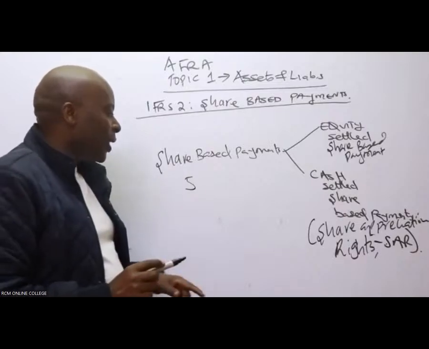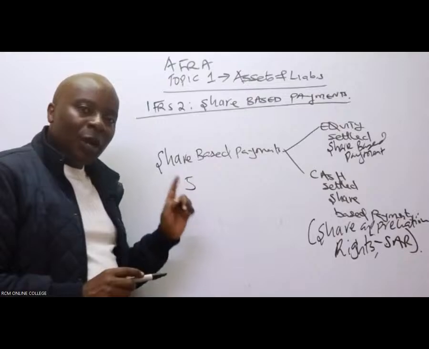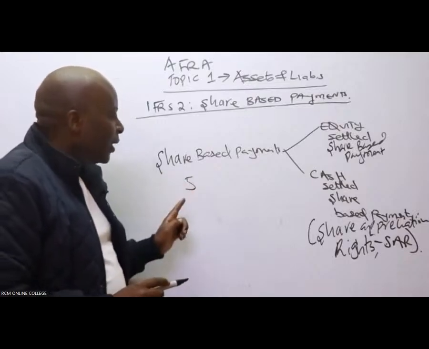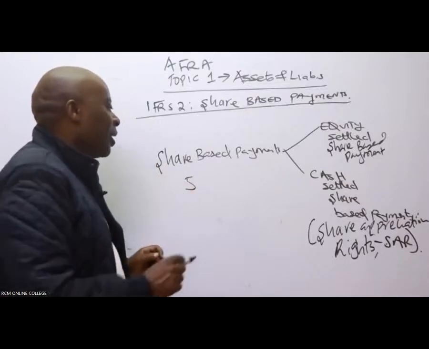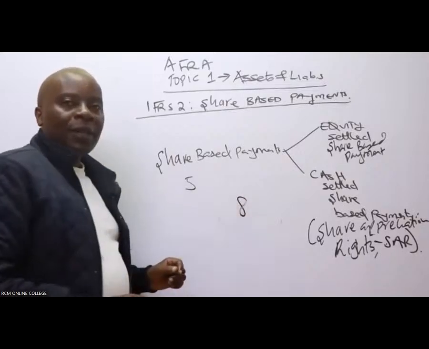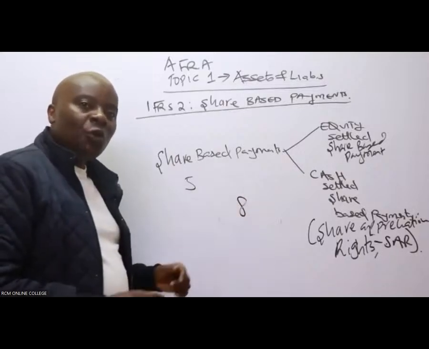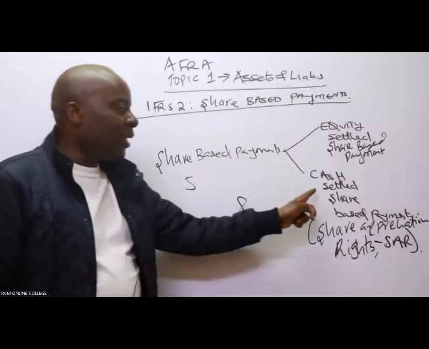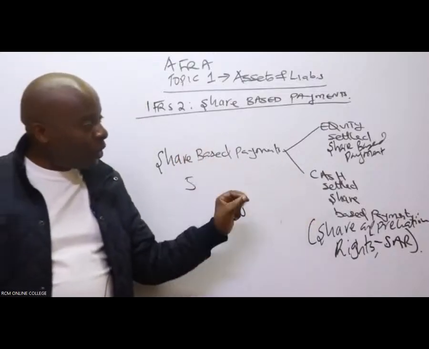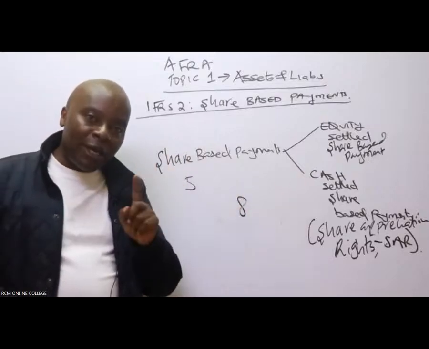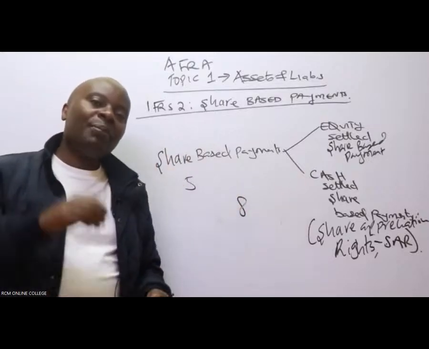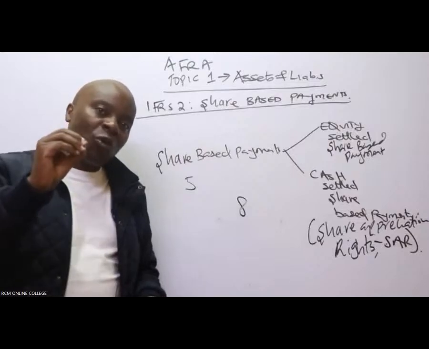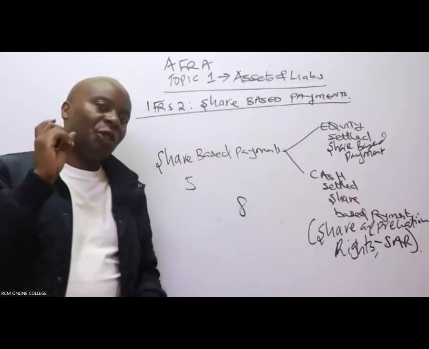Come end of the year, if our share price appreciates, for example, to 8, then we shall give you some bonus. We are not going to give you shares here. We shall give you money. We shall give you bonuses. But this bonus is based on share price appreciation.